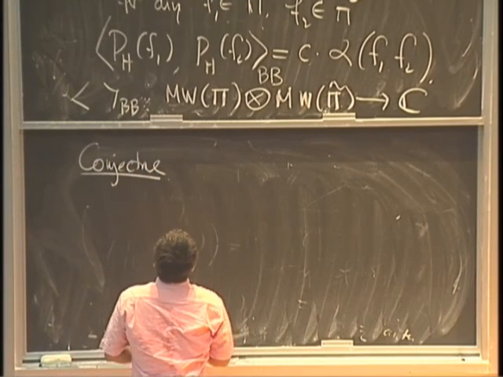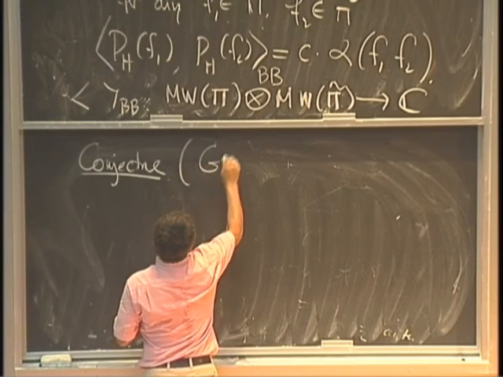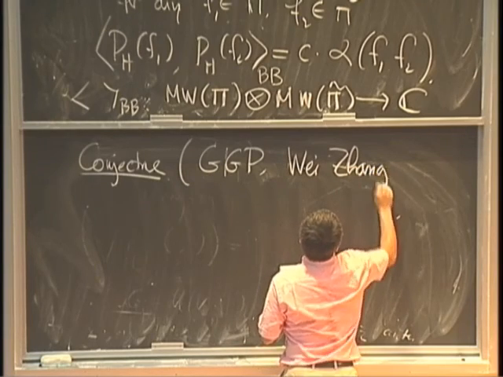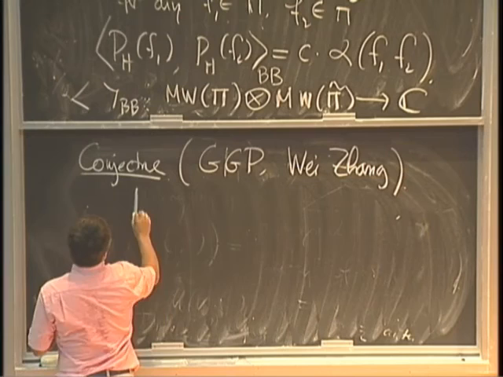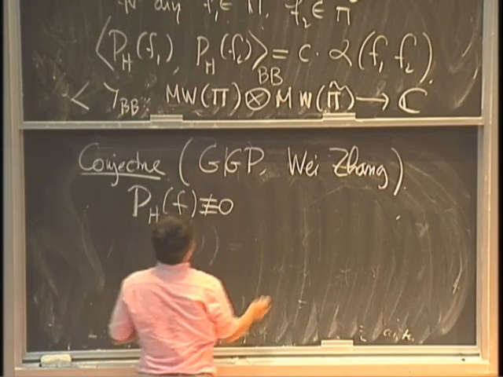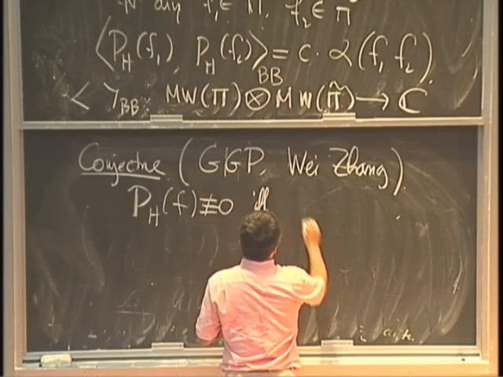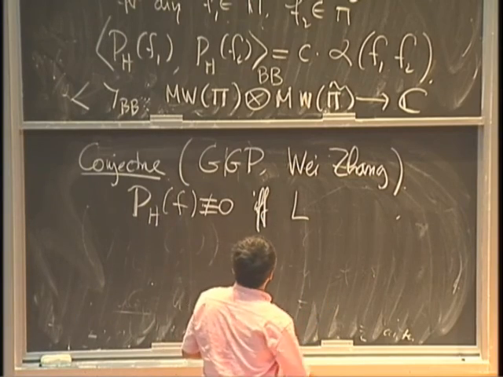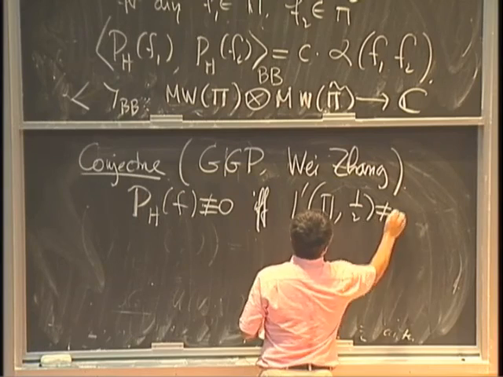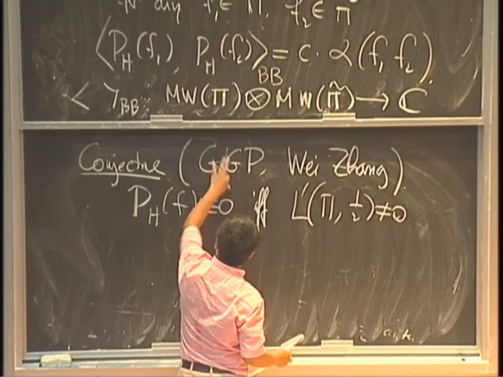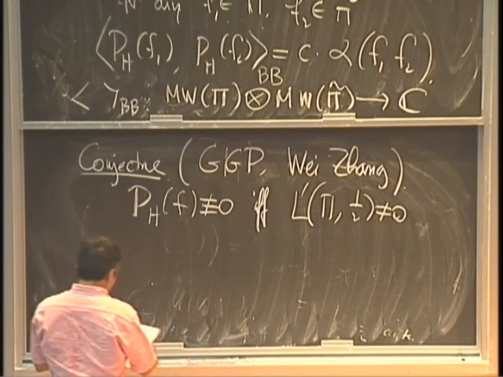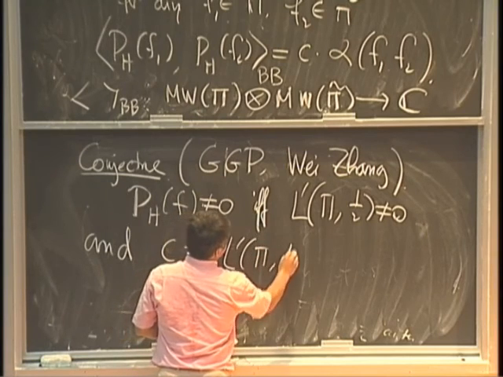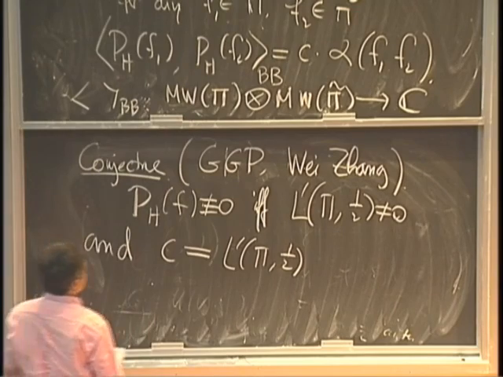And this by Gan Gross Prasad and Wei Zhang is that this pH is not equal to 0 if and only if the derivative. Of course, I have to assume that, in many cases, the parameter has a trivial centralizer. There's a pi half, it's not 0. This part is actually a conjecture of GGP. We can give a more precise version, and the C here is essentially the derivative L prime of pi and a half. And as a refined.